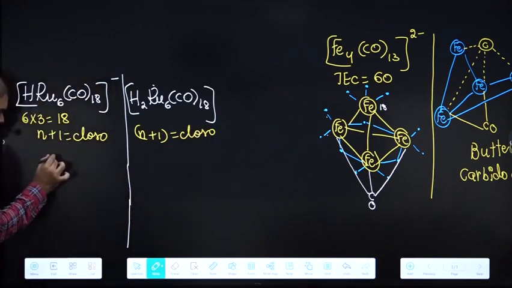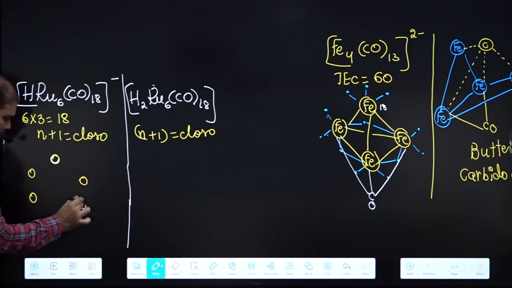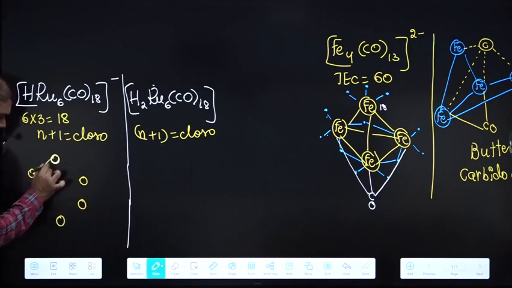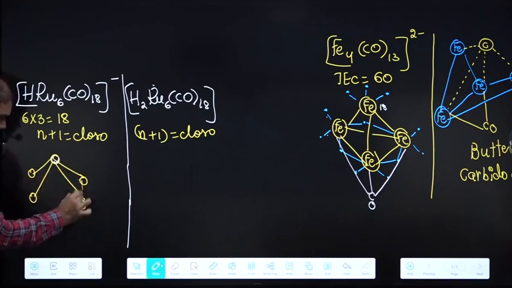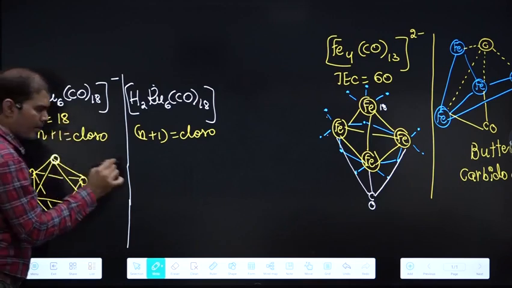So what should be the structure? Closo, octahedral. Have we done for Os6(CO)18 2 minus? Just similar to that. But this is H and minus. Okay. Next.